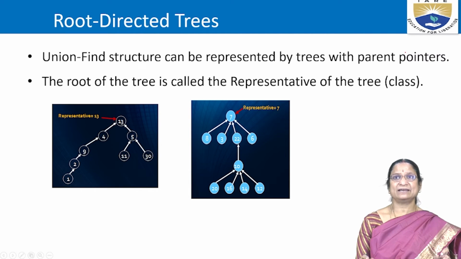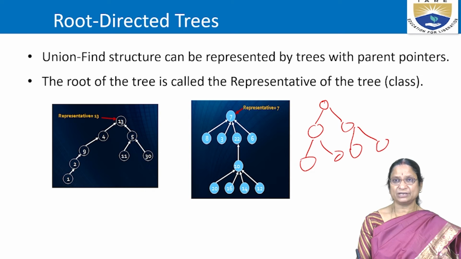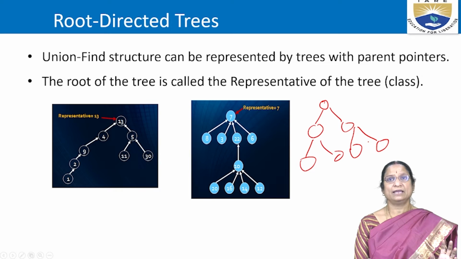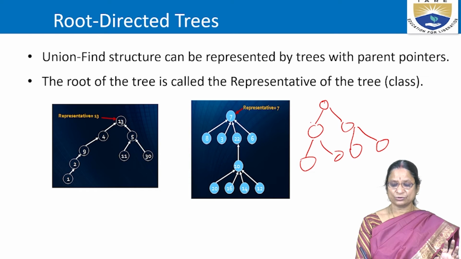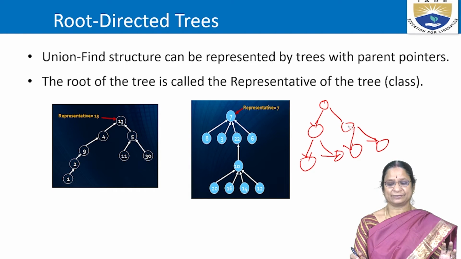Parent pointers means, generally, how will you represent a tree? From parent to child, the path will be there. Even though we didn't put any arrow mark in a normal tree structure, from root to children, any parent to children, the path is considered.